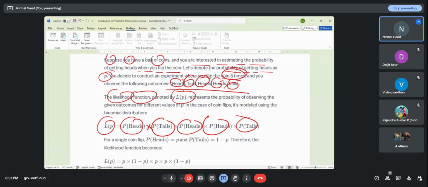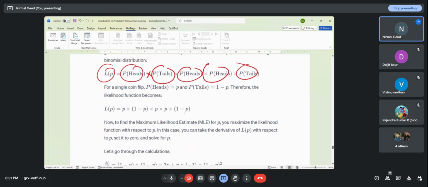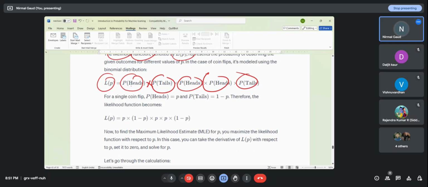This is likelihood function. Okay. So the probability of head is p, probability of tail is 1 minus p. Substitute here. So p, 1 minus p, p, p, 1 minus p. ये आपका likelihood function बन गया.